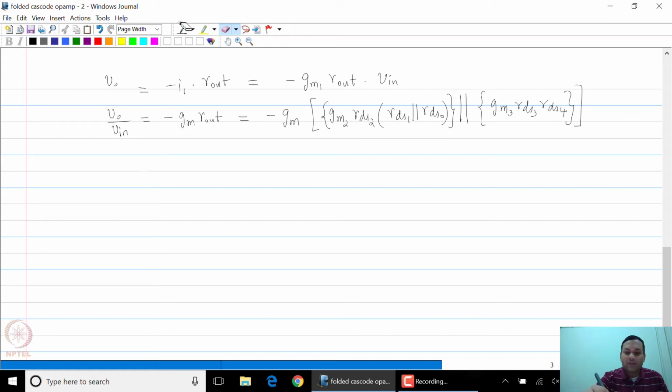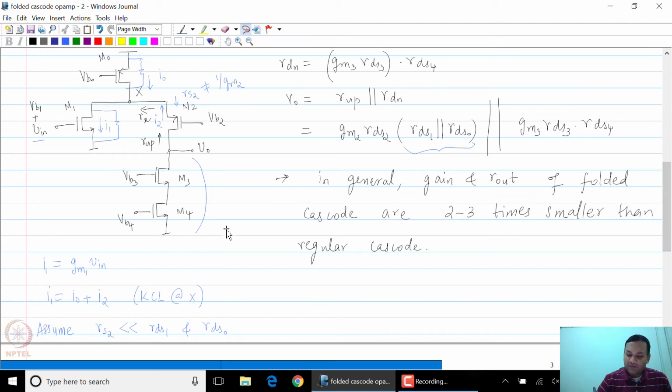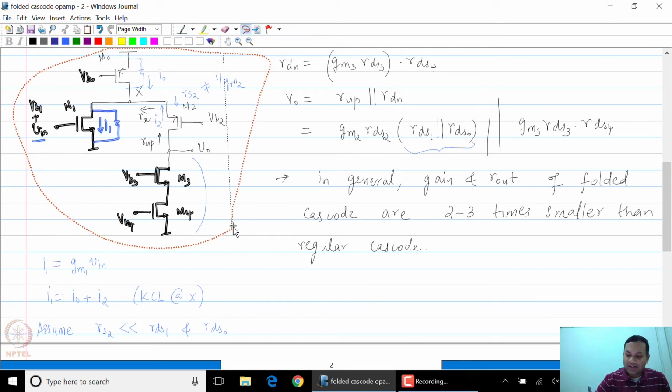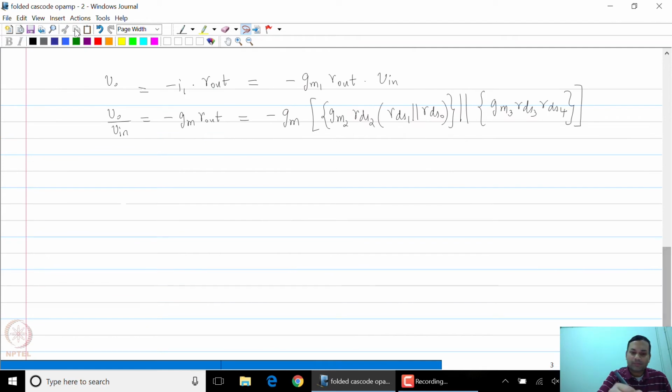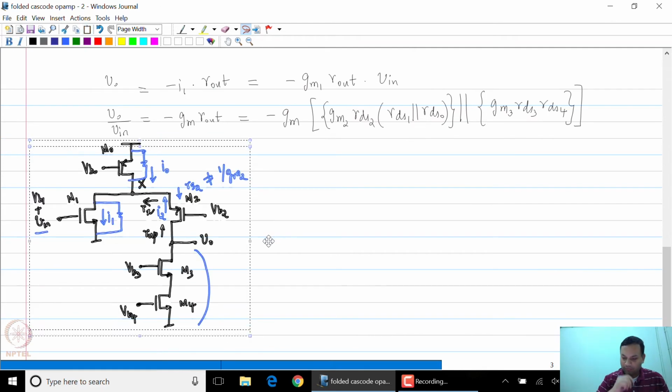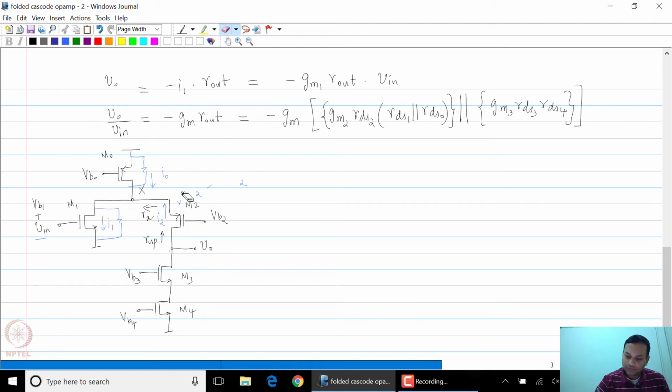So now let us look at the noise performance of this particular cascode structure. Let us first make a copy of this amplifier so that we can now analyze it for noise. As always, when you analyze for noise, the first steps are to apply the appropriate voltage and current conditions in the circuit.